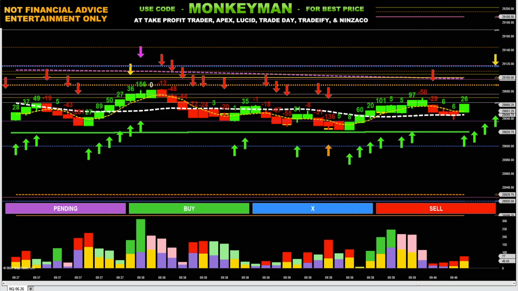And since I go for 10-point targets most of the time, just depending on time of day and current market conditions, anywhere between 5 and 10 points, sometimes up to 20, I decided to use a 44 range chart, which is 11 points. So every time the NQ moves 11 points, which is my 10-point target plus a little bit of slippage and wiggle room with the extra point added on, I'm getting one of these range bars completed. So I can see how price is moving in increments of 11 points.